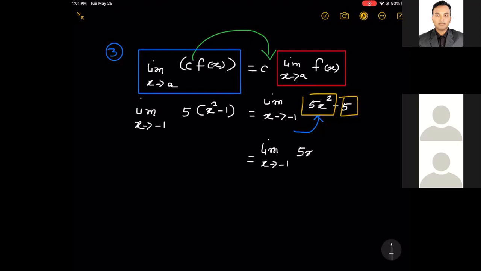5x squared minus, just using the second theorem. Just a quick reminder, if you use any theorem, don't forget to mention it in the side note that I am using this theorem here. So using theorem, what was the number again? 2.3 portion 2.